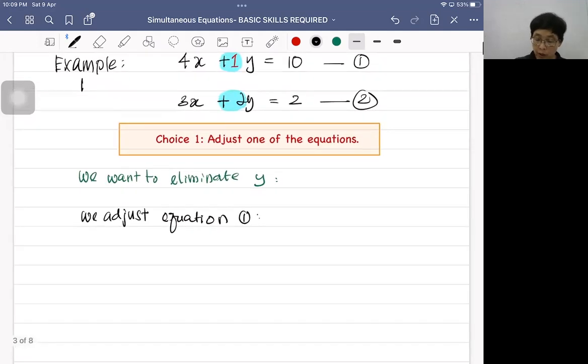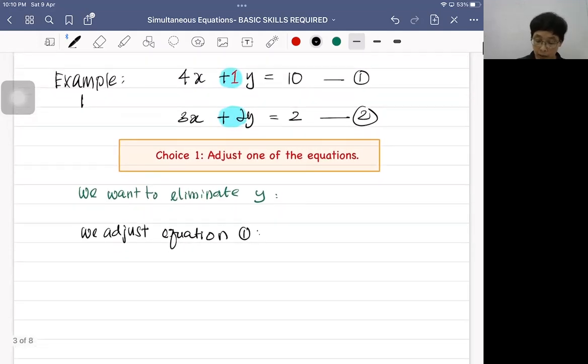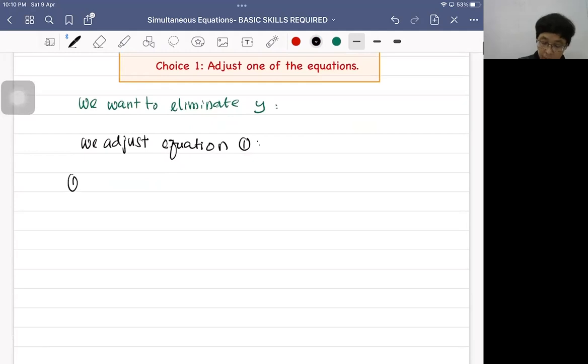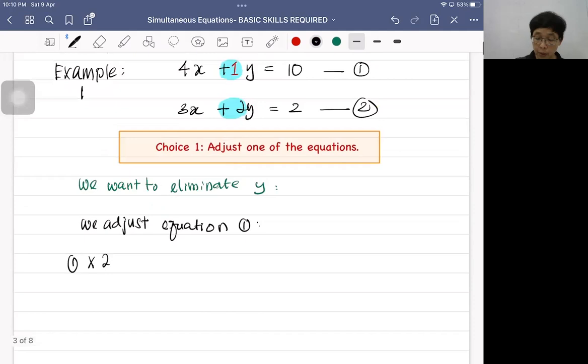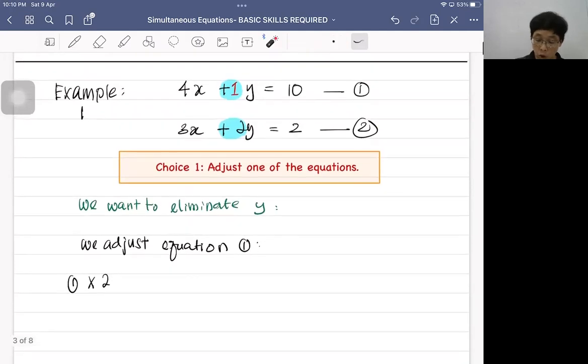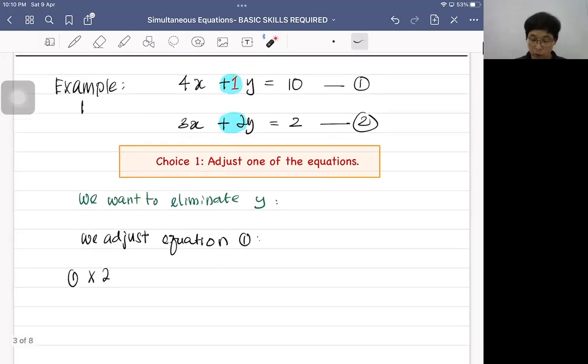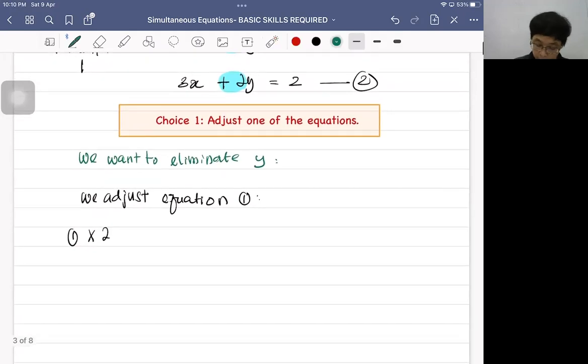We take equation 1 and multiply it by 2. Why do we multiply it by 2? Because here is 2. So we want this to become 2 so that 2y and 2y can be eliminated. That is what we intended to do.